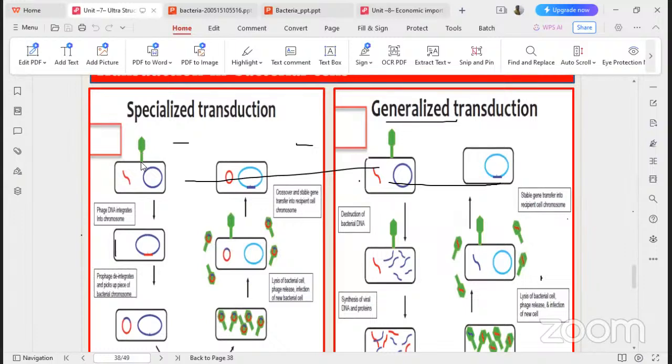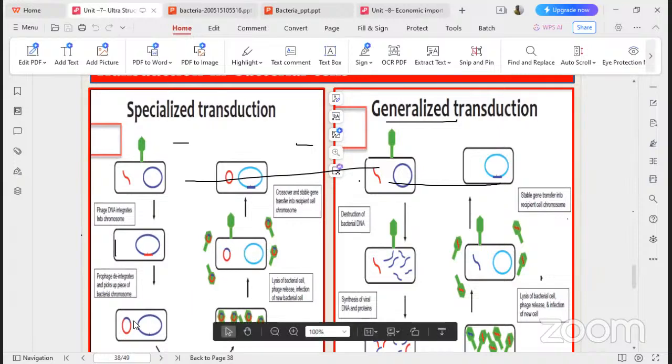This is penetrating. Whenever it attaches, it enters into the bacteria. It multiplies and is attached with the bacterial genetic material, and it kills and disintegrates the bacterial genetic material, and totally multiplies the viral genetic material.